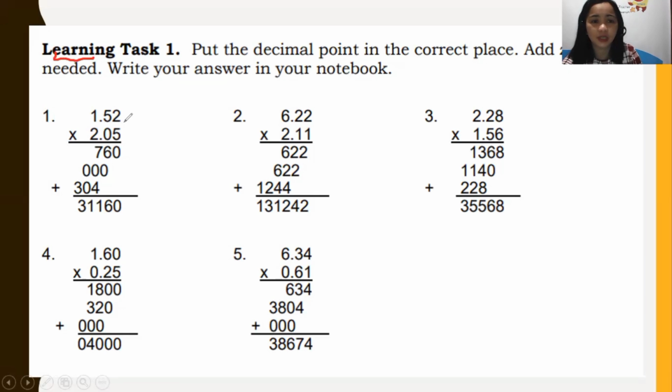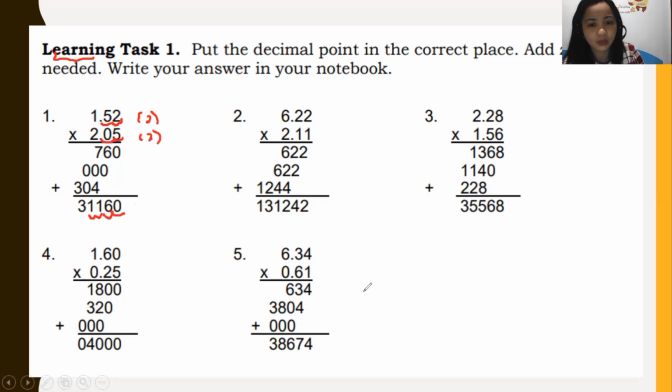So yung number 1, gawin natin example. Bilangin lang muna natin decimal places sa bawat factor. That is counting the number of digits after the decimal point. We have 1, 2. We have here 2. Another 1, 2. We have here 2. So all in all, there are 4. We have 1, 2, 3, 4.